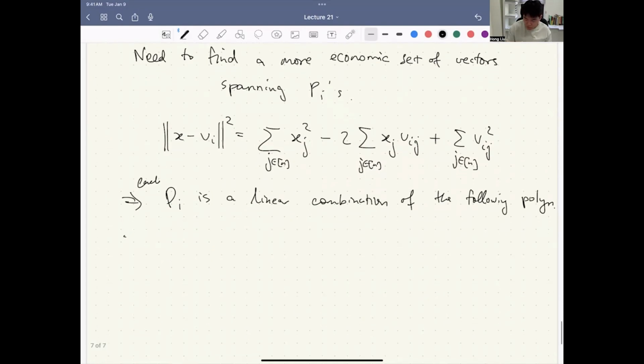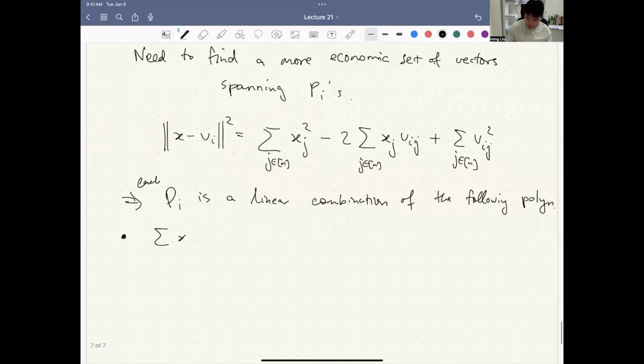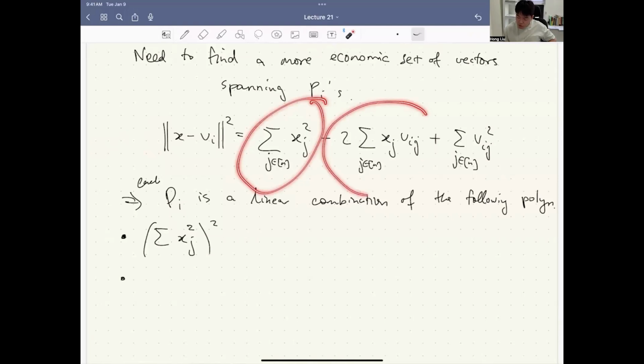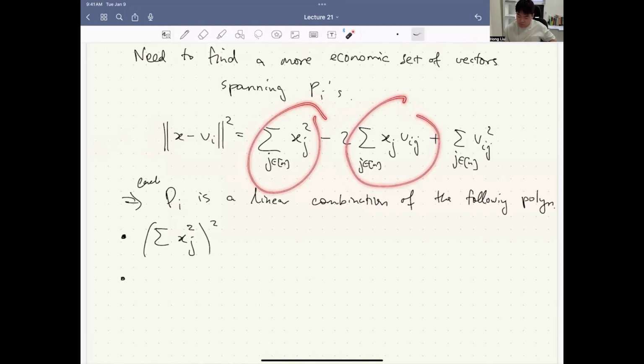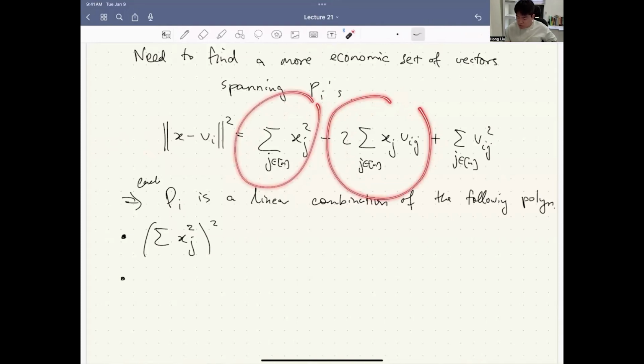First of all, let's capture the leading term. We have two things multiplied together, right? So the leading term is this guy multiplied by itself. We need a separate one for it: the sum of x_j squared, squared. That's the sort of diagonal term. Now you should have this guy multiplied by this guy.